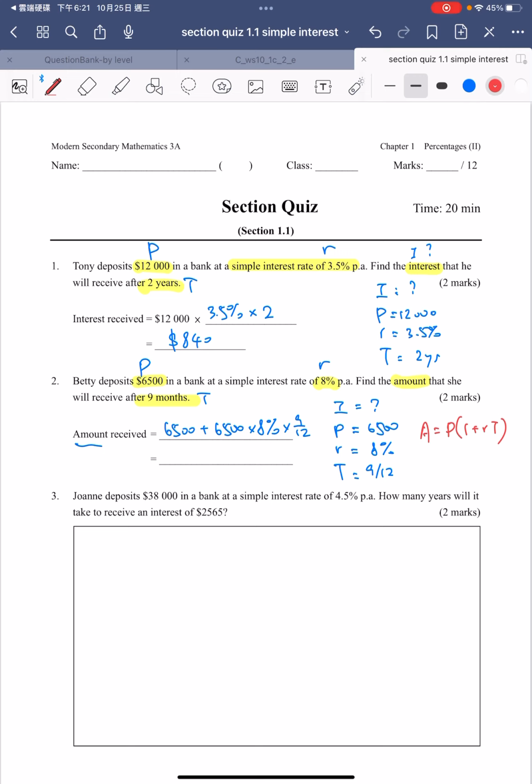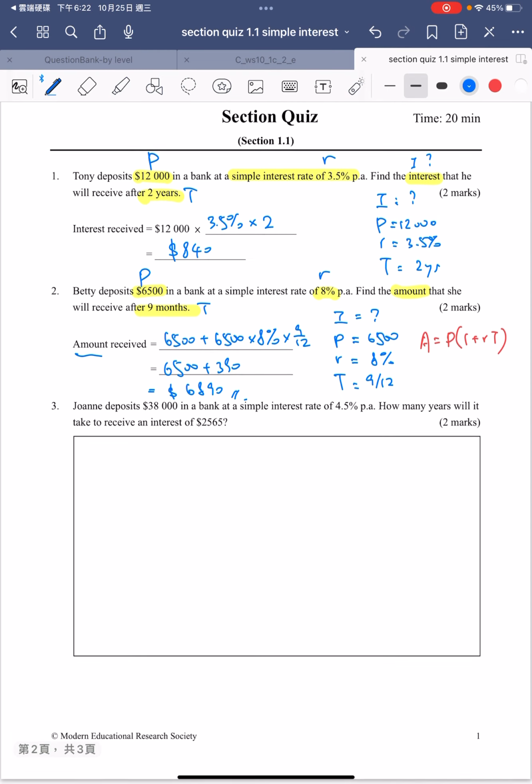Either way, it will give you the correct answer. Calculating with the calculator, you get 6,500 plus 390. Then the answer should be equal to 6,890. So that's the first 2 questions.